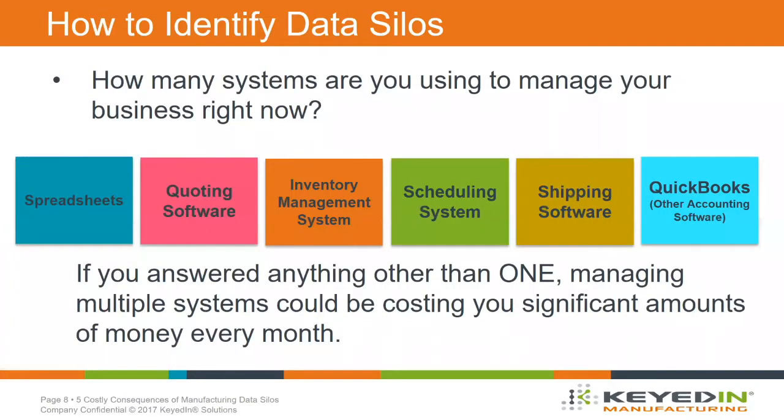So, as you look at your own operations, I would challenge you, walk around, sit down with some of those key stakeholders and ask them, how do you manage your day-to-day tasks? How do you manage your department?